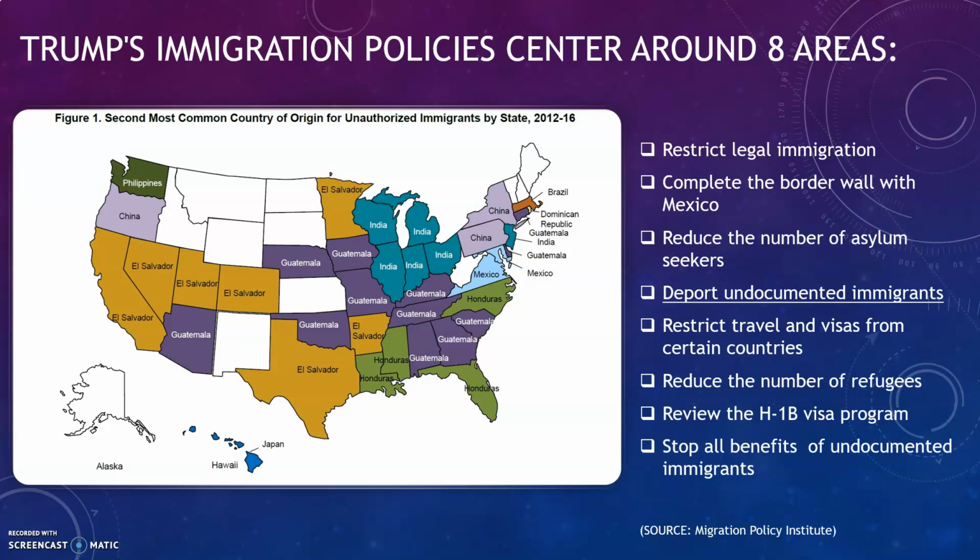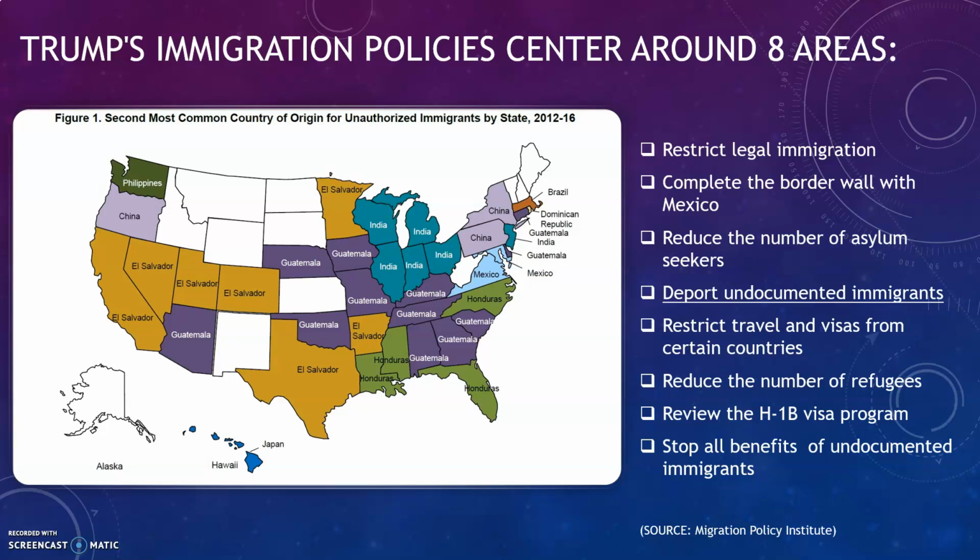Guatemala and El Salvador have a major part in having a high number of unauthorized immigrants in particular states. Also India, China, and Honduras have played a major part as well.